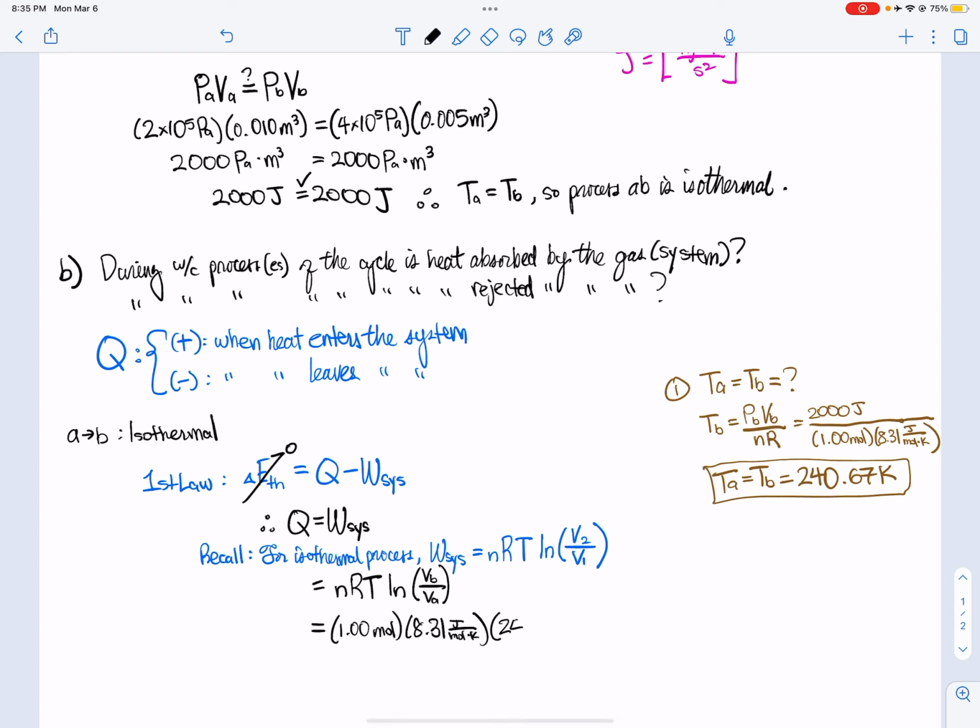That is 240.67 Kelvin times the natural log of the volume at B, which is given in the PV diagram, 0.005 cubic meters, divided by the volume at A, which is 0.010 cubic meters, right?